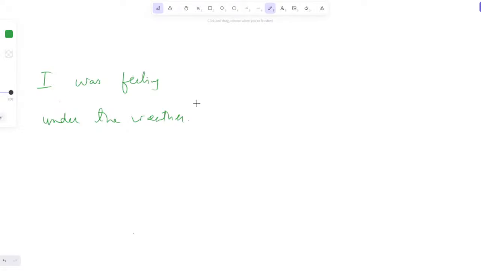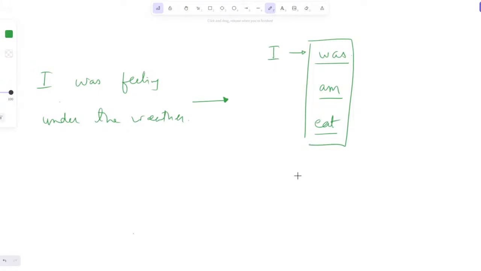Okay, so let's say we tell the model we have the word I, predict the next word. If it says was, great. If it says am, okay. If it says eat, that's actually okay again. So there are many possibilities here which are fine, which are acceptable.